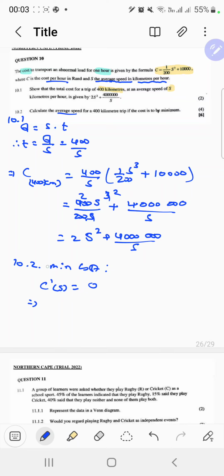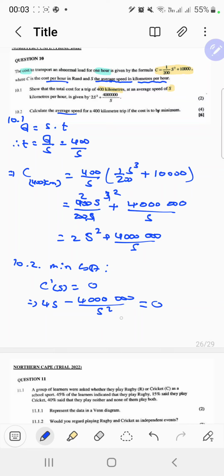This implies that we do the derivative on this expression here. We get 4S plus, and then that one actually becomes a negative, because when you put this one, it becomes S to the minus 1. You multiply that in front, we get this 4 million over S squared. This is equal to 0.